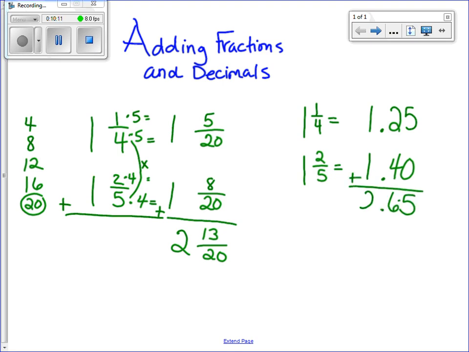Bring down your decimal. And again, I'm in the hundredths, so if I took my 20 and went to 100, it would be the same thing. So either decimal or fraction would work. Just with fractions, remember you have to find a common denominator and your denominator stays the same.